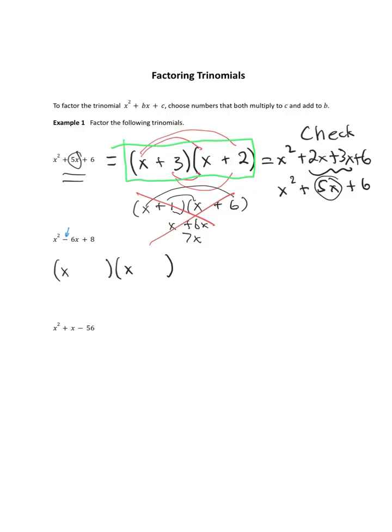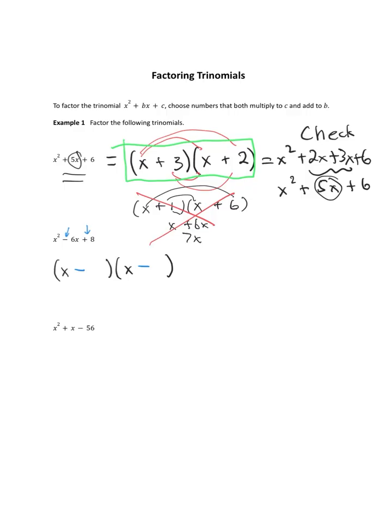So in order to get a negative for that middle term, I would have had to have subtracted something in there to get a negative when you combine the like terms. So it turns out when you see that the last term is positive, that means that you're going to have the same sign. They're either both going to be positive or both be negative. But if the middle term is negative, then that means that these are both going to be negative. And then we've got to get the right combination.